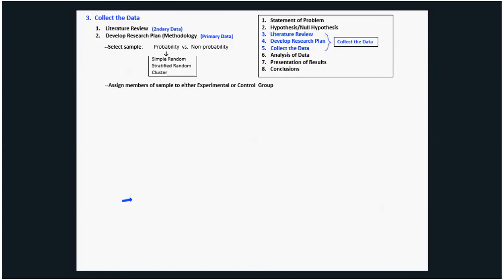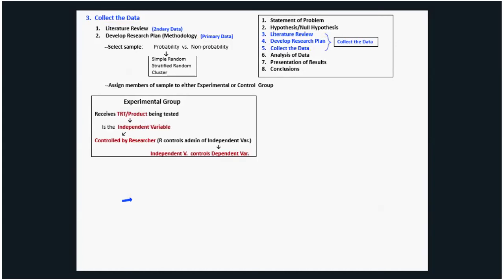So we need to have 2 groups: the experimental group and the control group. The experimental group gets whatever it is we're trying to test. The control group serves as our control. What happens to individuals that have the same disease, the same thing that we're looking at, but they're not getting the magic potion?